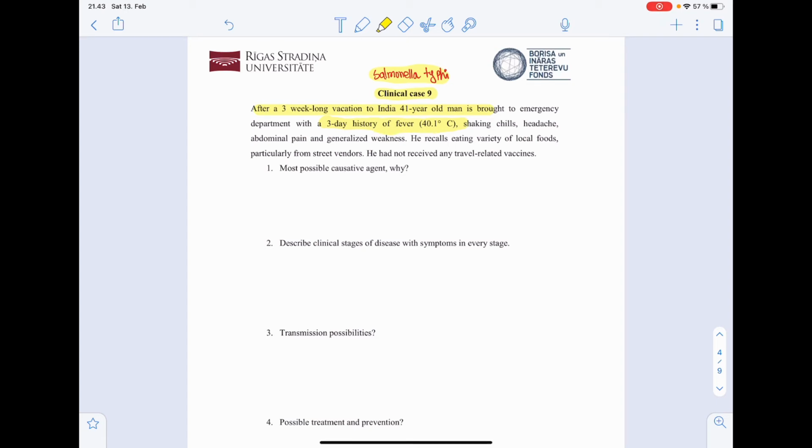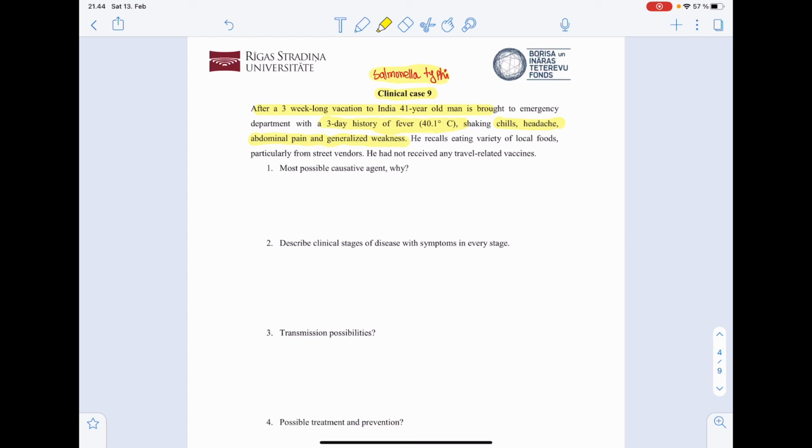And we need to know one more thing: in the clinical cases chart I said that Salmonella bacteria will cause low grade fever, and Shigella will cause a high level of fever. But only Salmonella typhi will cause a high grade fever if the patient is affected with it. And also the patient is having chills, headache, abdominal pain, and weakness.